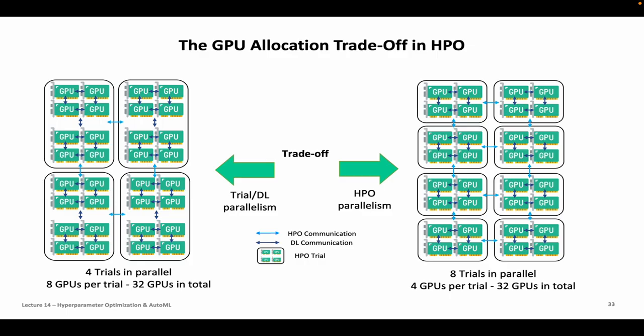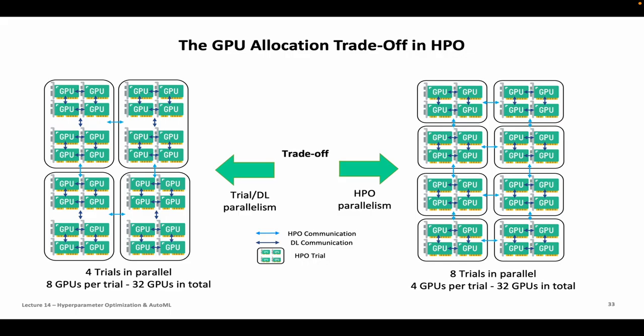You want to do hyperparameter optimization here, you can then either choose to enforce more parallelism on the trial side or on the side of the distributed deep learning. And when you allocate more GPUs to the distributed deep learning loop, each single one of your models will run faster, as I think you've already learned in one of the earlier lectures.